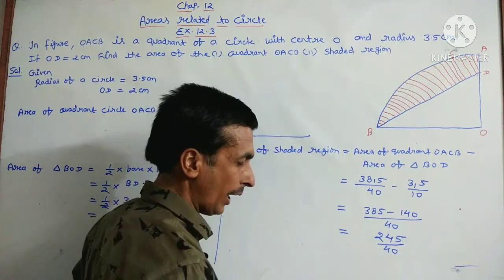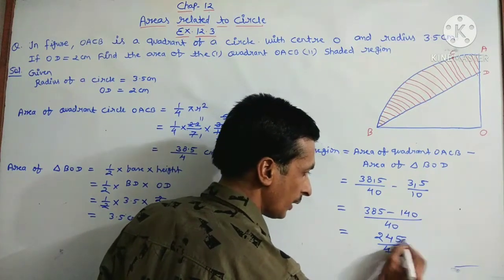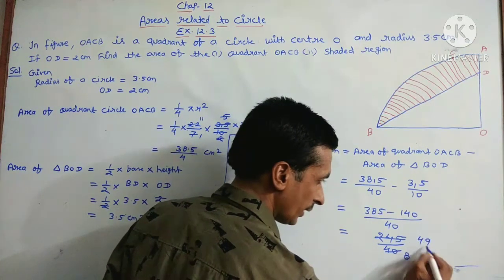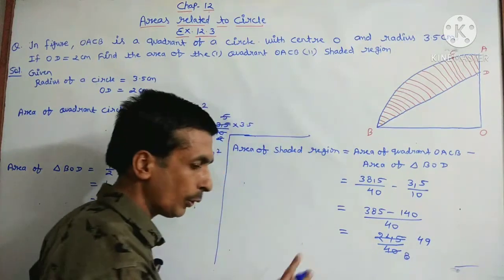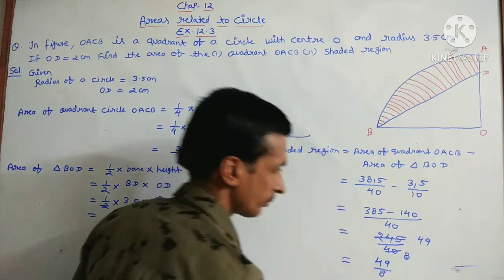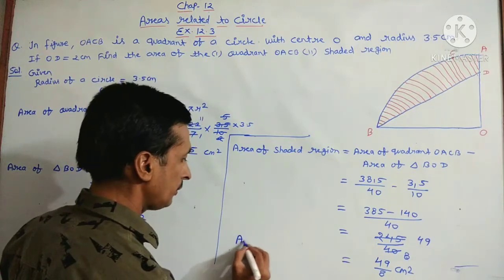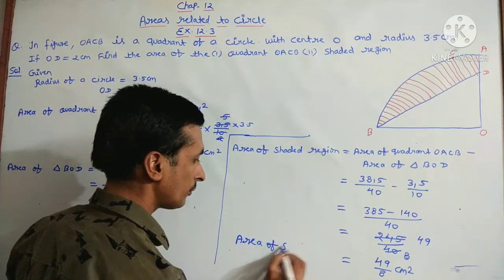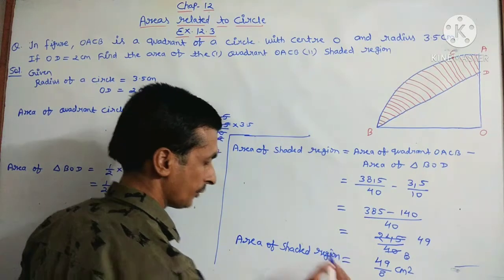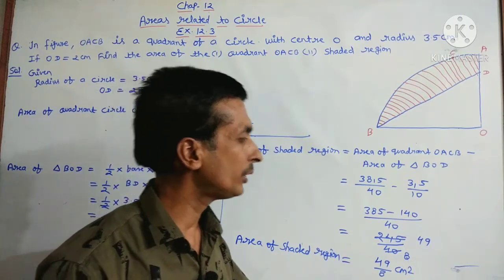Now you can divide by 5. 5 fours are 20 and 5 nines are 45, so 49 upon 8 centimeter square. So I think you can understand, the area of the shaded region is equal to 49 upon 8 centimeter square.